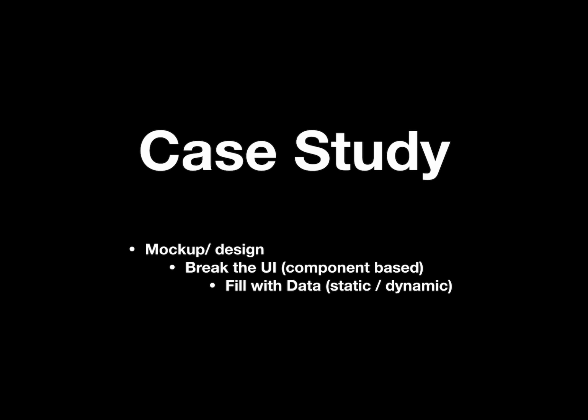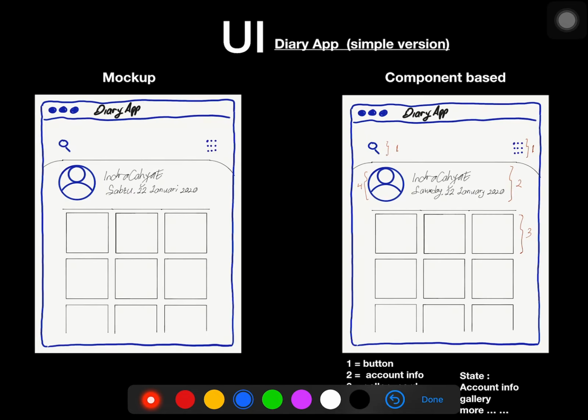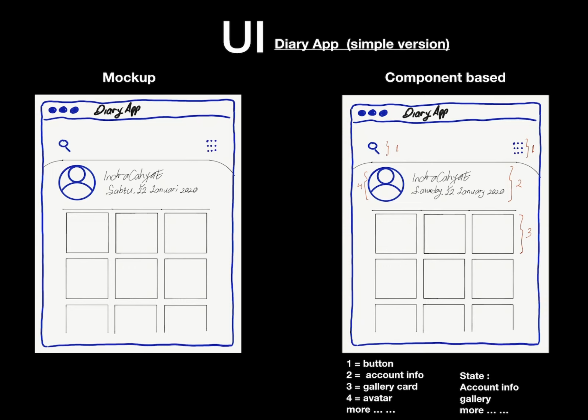Case study. We will make a mockup or design, then we break the UI into component base, then fill it with data, static or dynamic. This design is about your app in a simple version, and on the left side we have the original design, and on the right side we turn it into the component base.